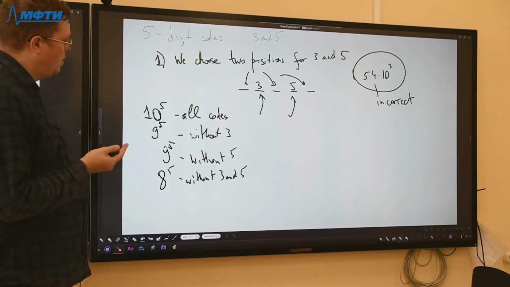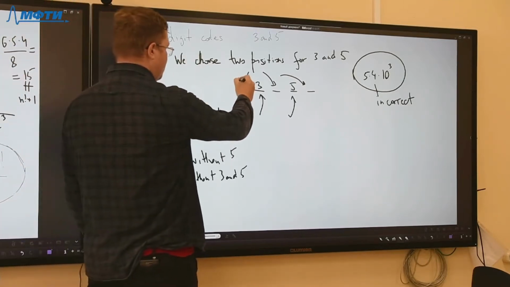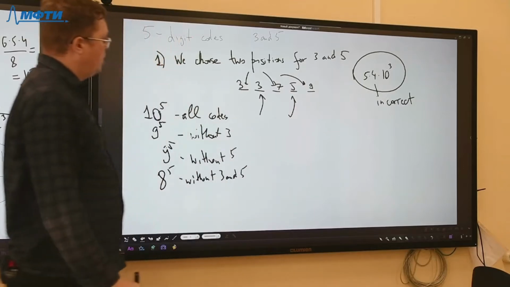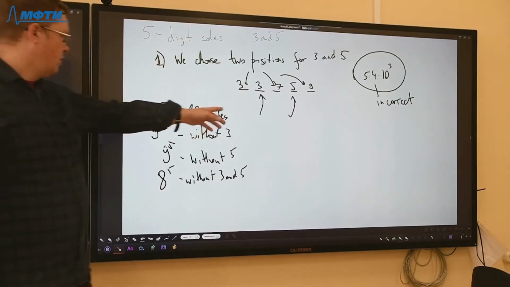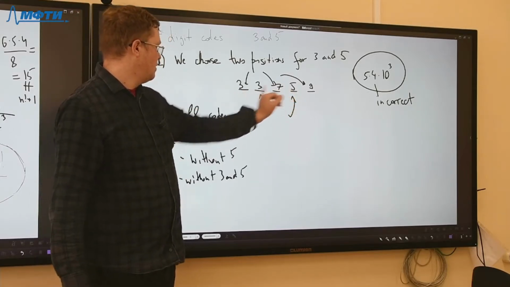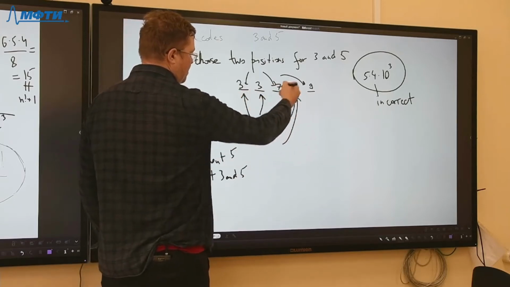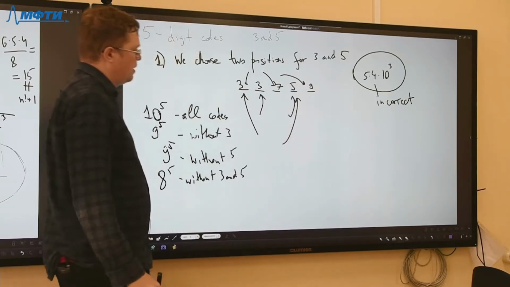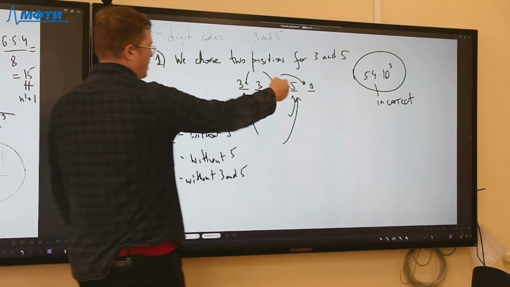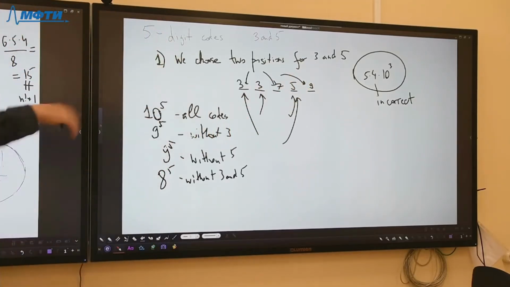But if you put here, for example, 3 and something like 7, 8 here, then you count this code twice, because you have 3 on this position, 5 on this position, and 3 other digits, and you have 3 on this position, 5 on this position, and 3 other digits there. So you calculated this combination twice, and some combinations count once, some count twice, and so this answer is incorrect.